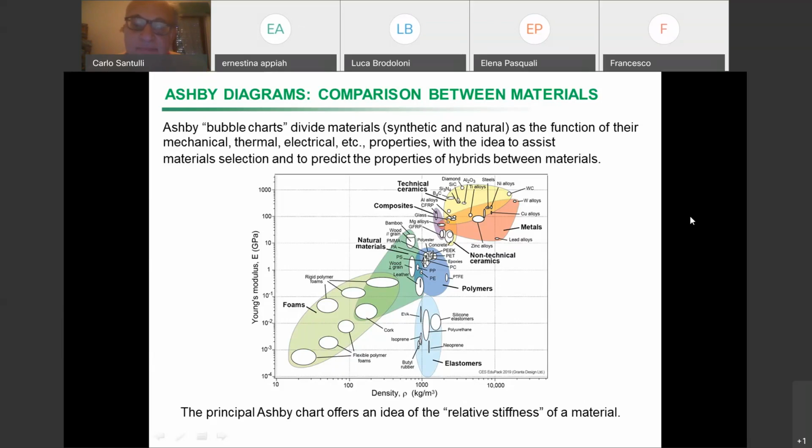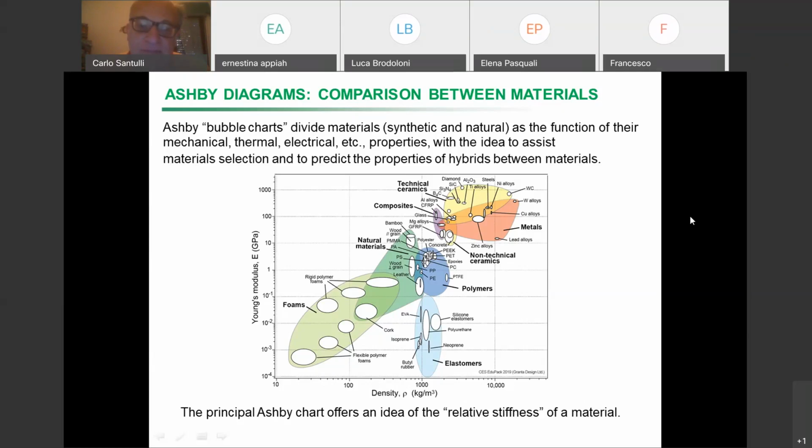Elastomers means rubbers. Elastomers are materials which are elastic to a point that they can proceed with very large deformation. They are able to deform to very large deformation, returning sort of elastically, but without being brittle.